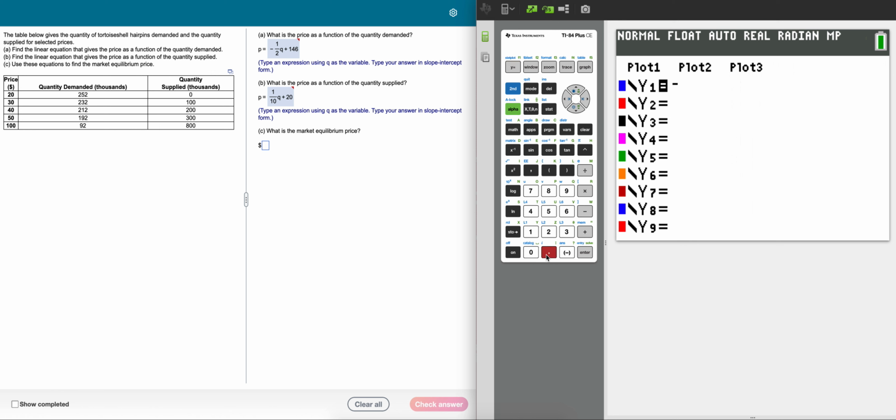So it's negative 1/2. I'm just writing it as a decimal here. X plus 146. My second one is 1/10 X plus 20. So in the calculator, instead of the P's and Q's, we're back to our Y's and X's. So I'm going to graph the two of these and find that point of intersection.